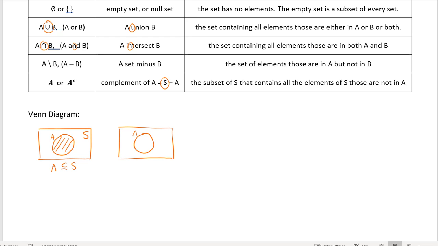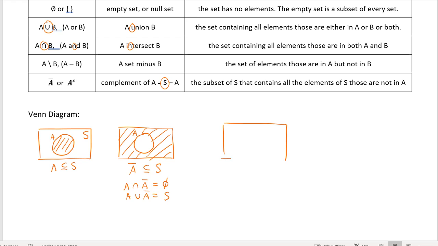If this is A, the complement is outside of A, so all the elements outside of A. So this is A complement. A complement is also a subset of S. And notice that A intersect A complement is empty because A and its complement don't have common elements, so the intersection is empty. And A union A complement is actually the universal set.